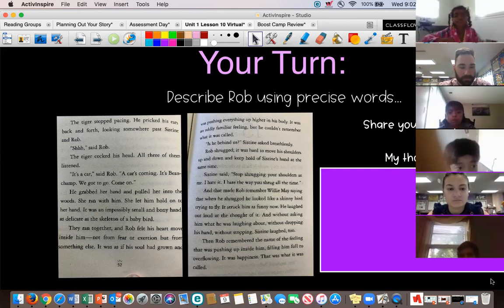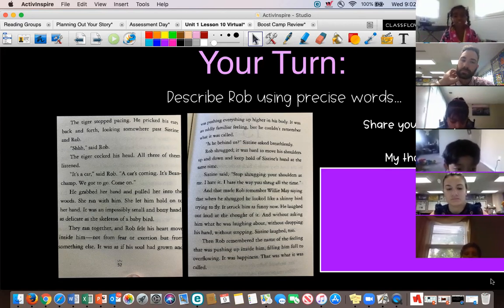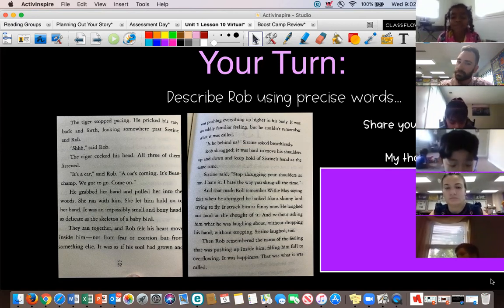Rob, when Rob grabbed onto Sistine's hand, he thought that she would just not want to hold his hand. But when he held her hand, she didn't do anything. So that made him have a feeling.